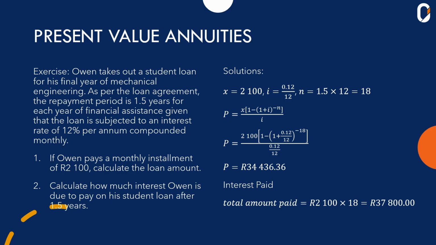And now, his loan amount was 34,436.36, and hence we need to find the difference between those two values, that is 37,800 minus 34,436.36. That will give us an amount of 3,363.64. That is the total interest that he paid for his loan.